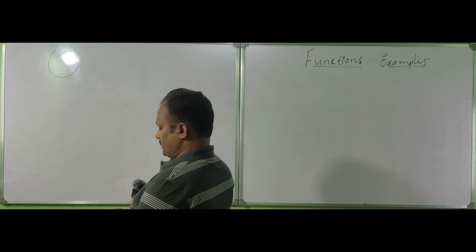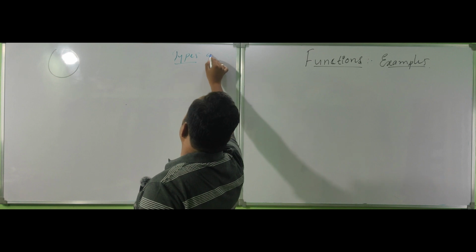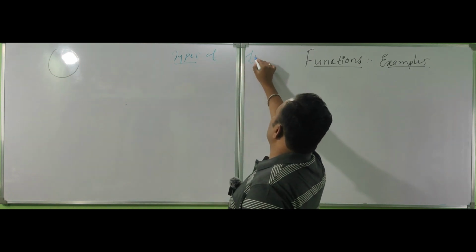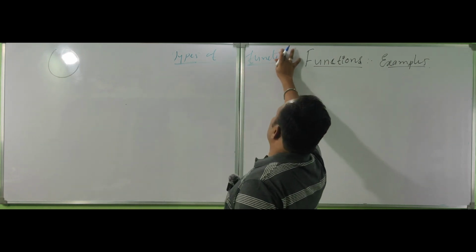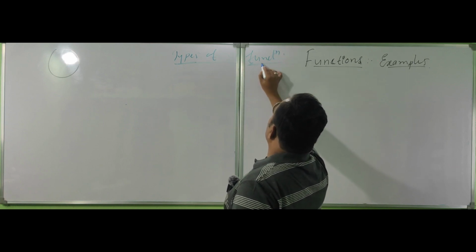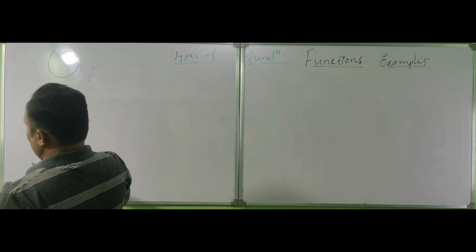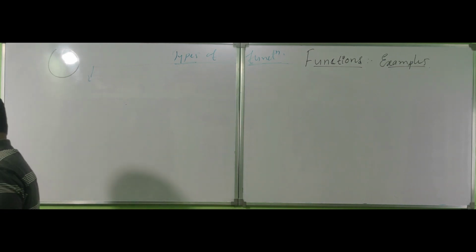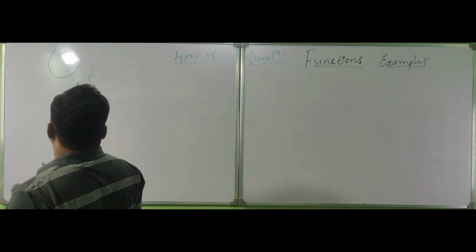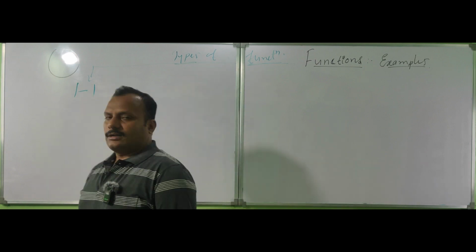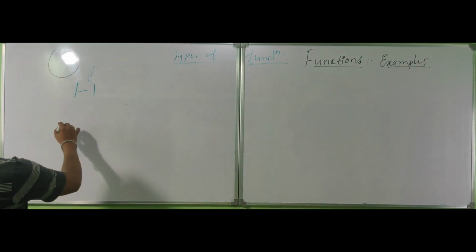Types of functions. Okay, first one is one-one function. A one-one function has distinct elements in the domain having distinct images in the codomain.